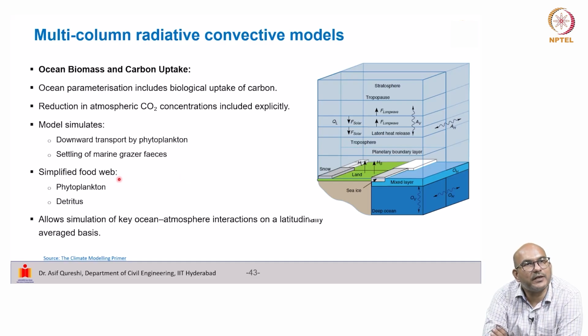There is a simplified food web in which we have phytoplankton and also detritus. Now, having this ocean biomass and ocean climate together with the atmospheric model allows for the simulation of key ocean-atmosphere interactions on a latitudinally averaged basis.